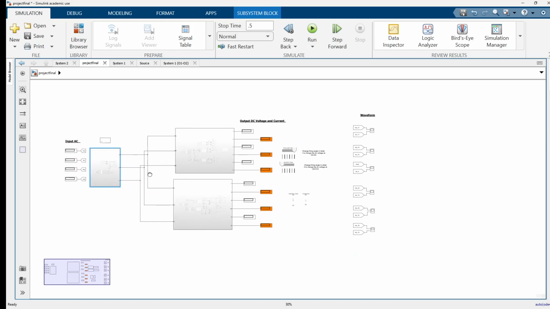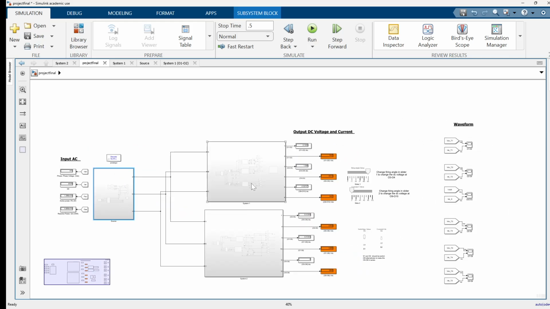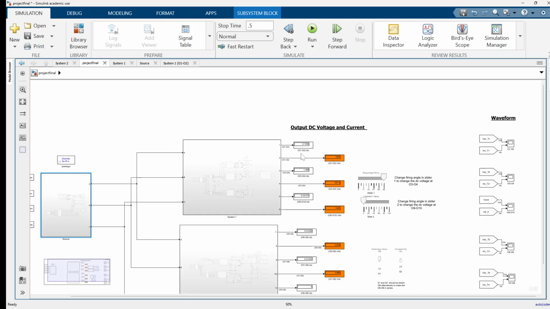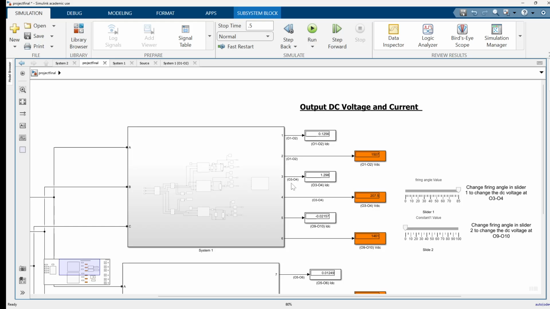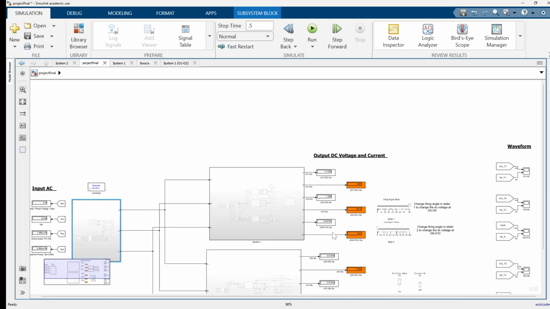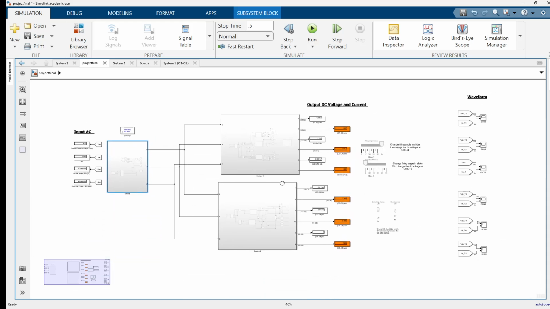Now, system 1 and system 2 consist of the rectifiers and converters. System 1 will produce the outputs O1 to O2, O3 to O4, and O9 to O10.